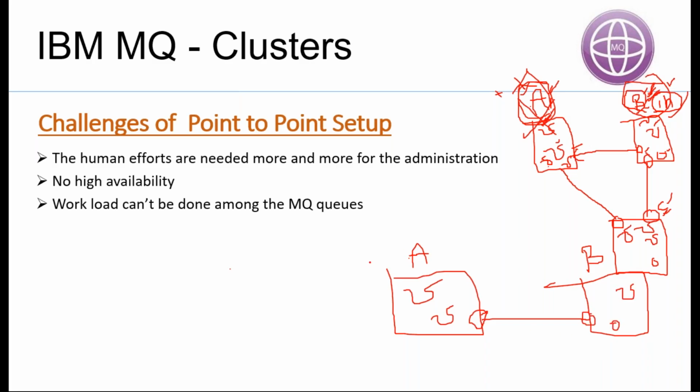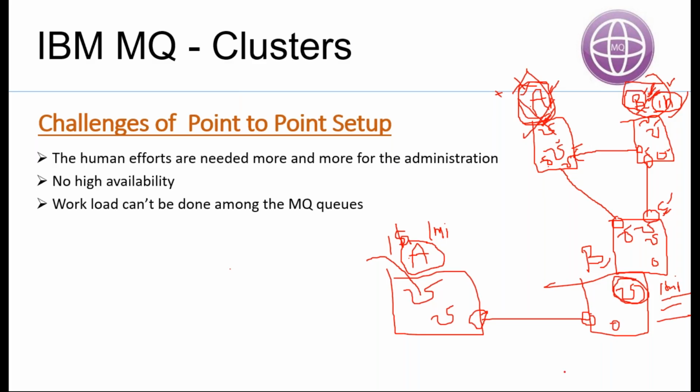Let's assume A is continuously sending messages, 1 million messages per hour. It means this queue will be filled with 1 million messages in 1 hour, 2 million in 2 hours, 3 million in 3 hours, 4 million in 4 hours. So whatever burden comes from queue manager A has to be handled by this queue in receiving queue manager B.